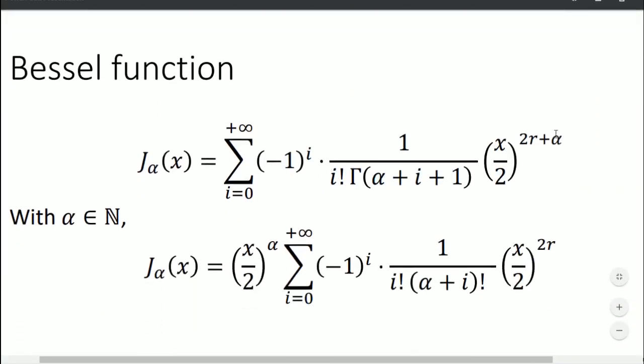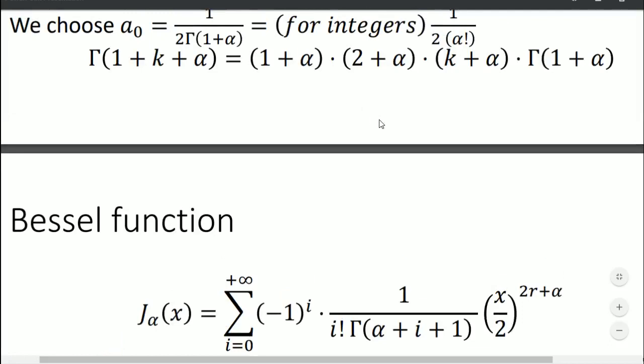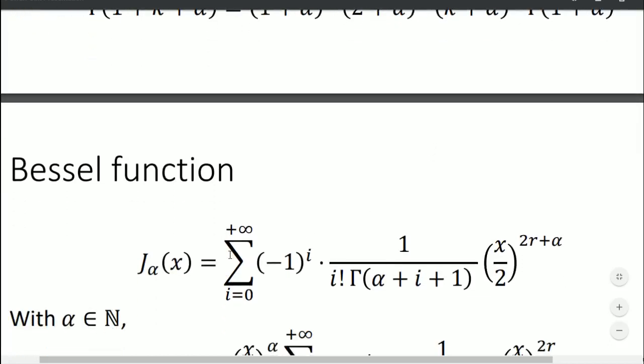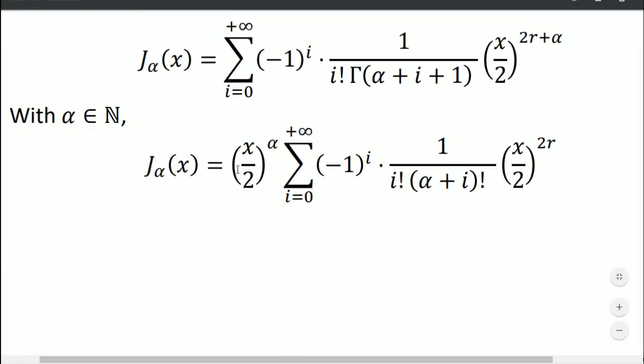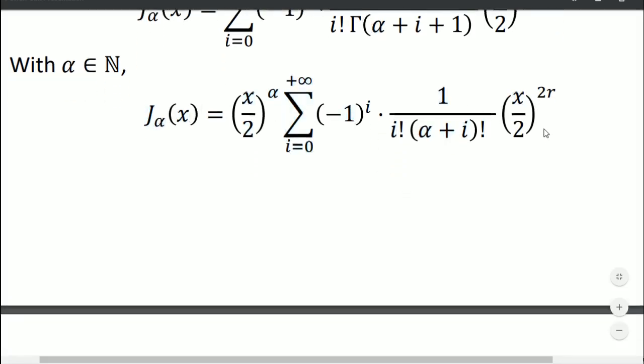So you can maybe ask why there is a plus alpha, but maybe you can find it by yourself. It's not really hard. So you get this nice expression that is valid for all alpha, and when alpha is an integer, you can write it like that because you transform the gamma function into a factorial. So yeah, we have this function here.